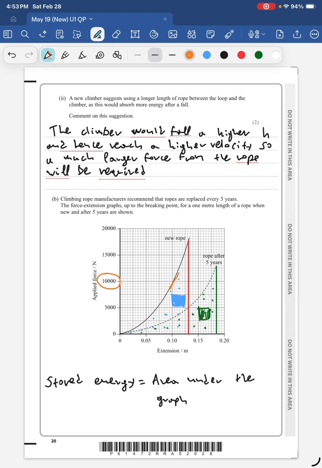So the gradient of this line that I'm drawing is equal to K. If we come here to the old rope, we see that the tangent is less steep, so the gradient prime is K prime, and we see that K is larger than K prime. I hope this makes sense.